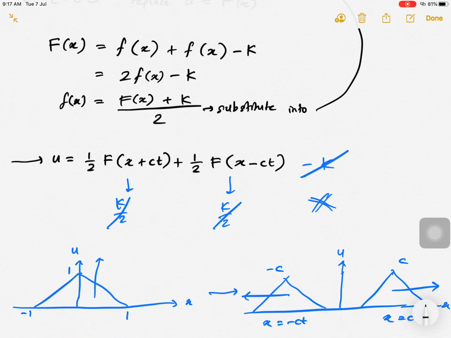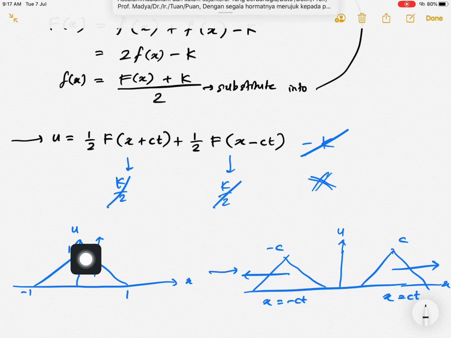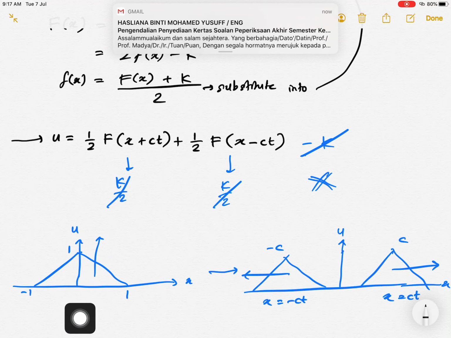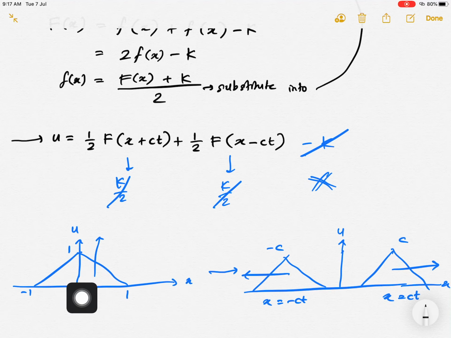So if you want to understand what this function looks like, this is the diagram. The first diagram is when time is equal to 0. So this is the initial condition. So the amplitude of the wave is at its maximum at 0 position. So this is position, not time.